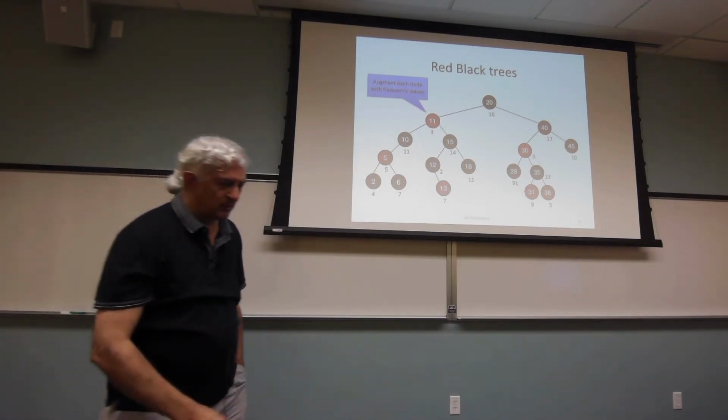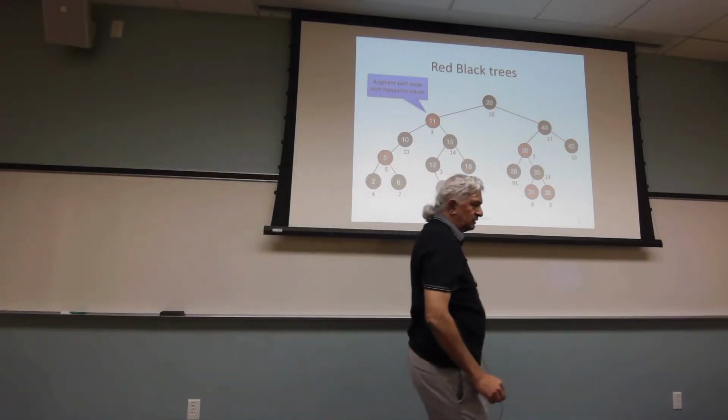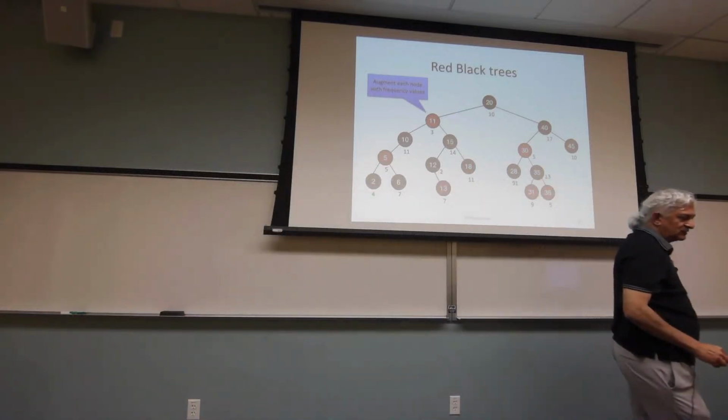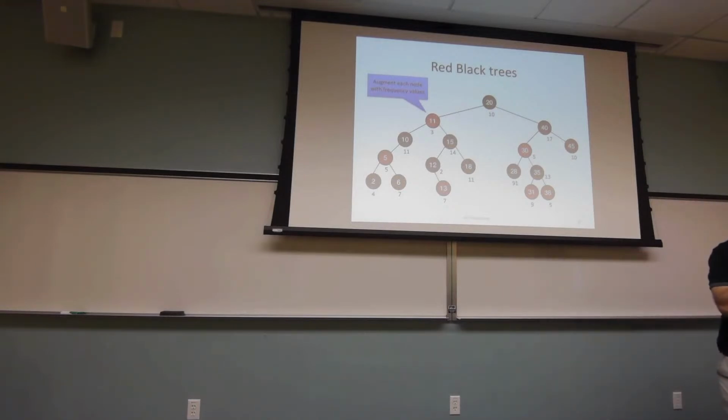And if I store that, then I could do some things quite efficiently. So I store the size, I store the frequency values, and I store the largest frequency value.